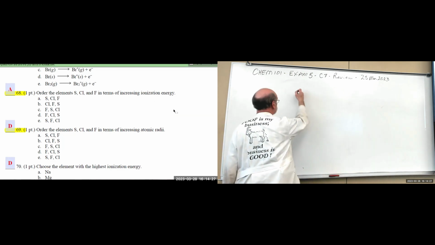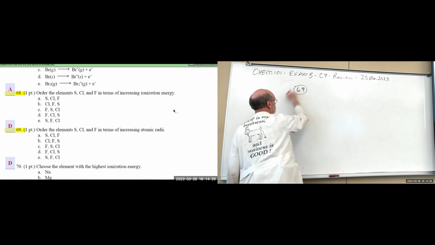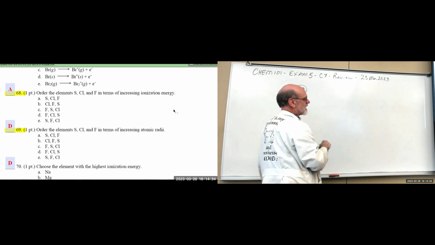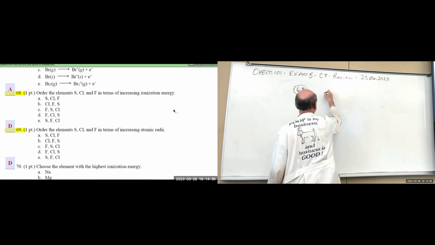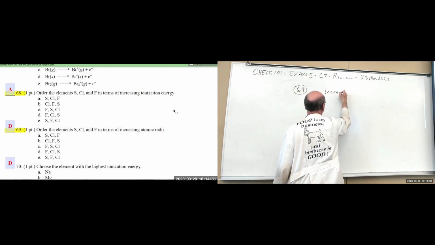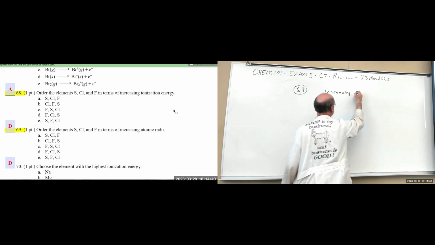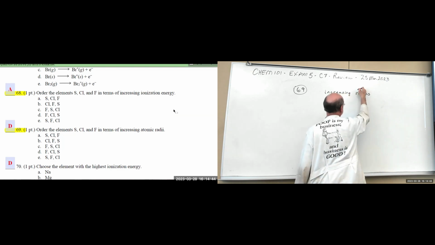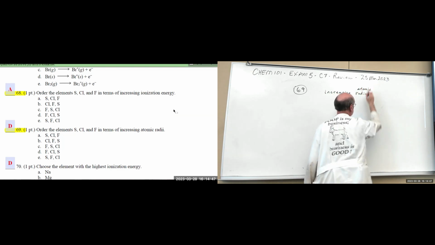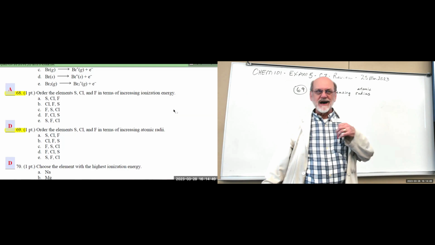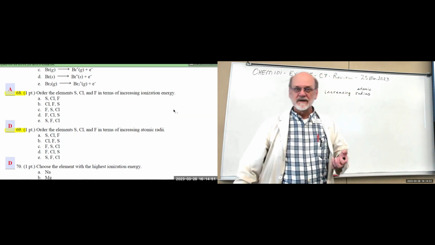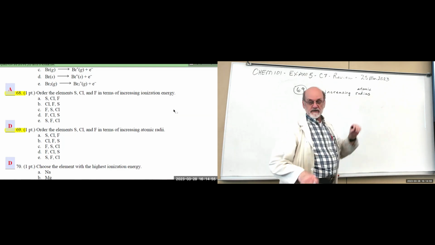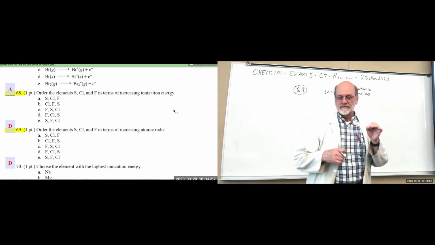69. Order those same elements in terms of increasing atomic radius. I should say atomic radius. We didn't talk about ionic radius, but I should be specific. This is atomic radius. So these are neutral atoms.